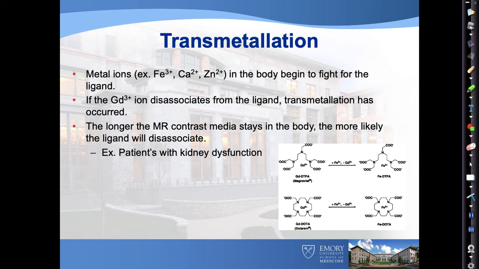The longer the MR contrast media stays in the body, the more likely the ligand will disassociate. An example of when this could occur is when you have a patient with kidney dysfunction, where it's going to take longer for that gadolinium to be excreted from the body.